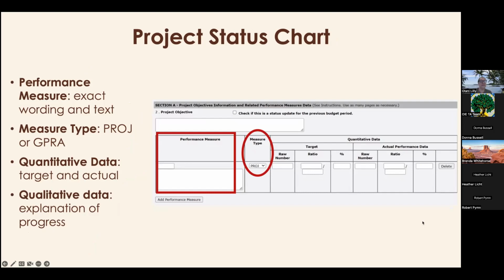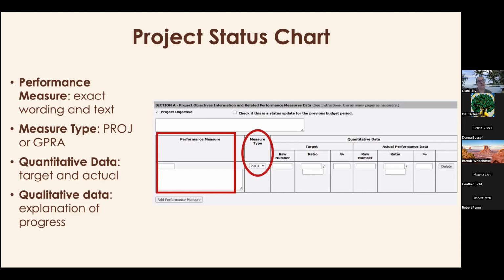And so you can see here, that first rectangular box is really reflecting your performance measure. And so that would be either the language from your GPRA measure or from your project measure. You would indicate which project measure is being reflected in that performance measure box by selecting the appropriate measure type. Again, there are 2 measure types. One is GPRA, which everyone needs to report on and utilize the same language.